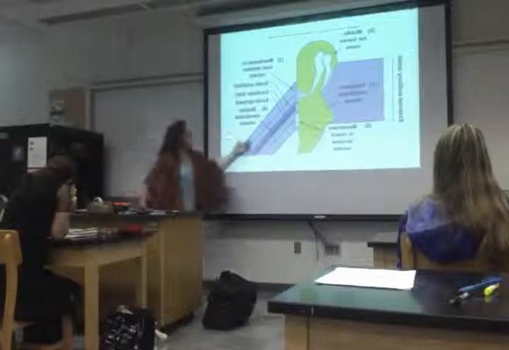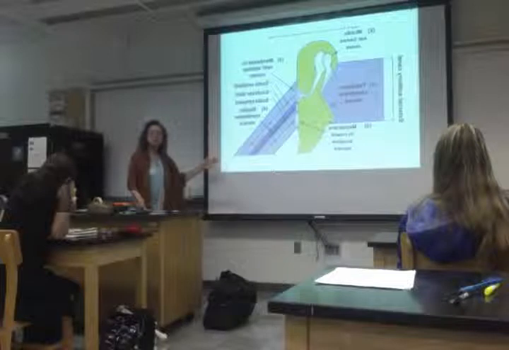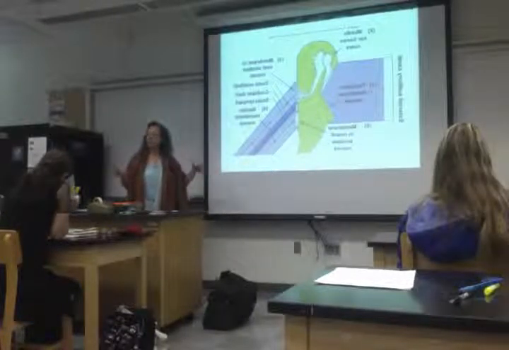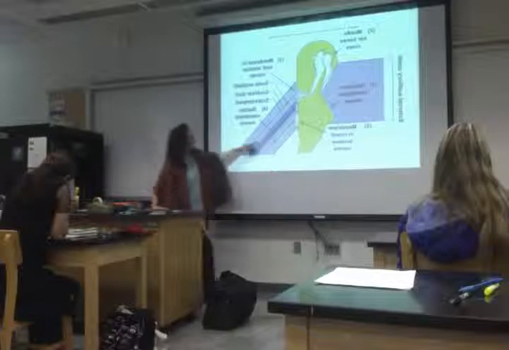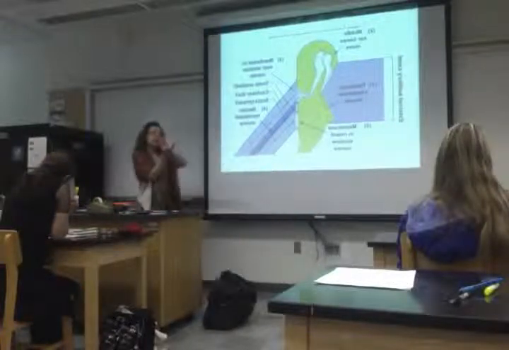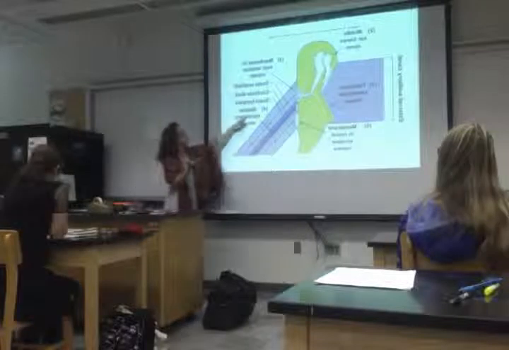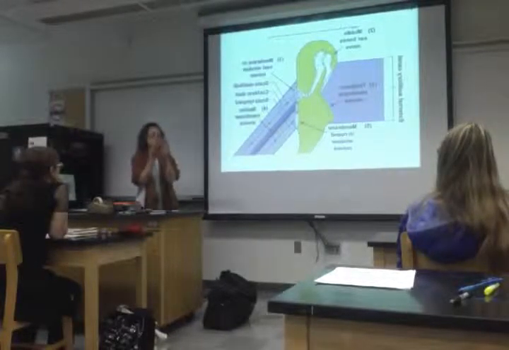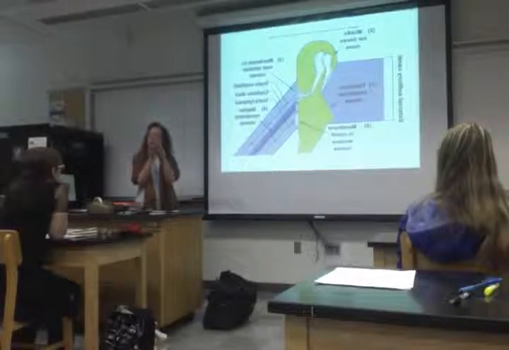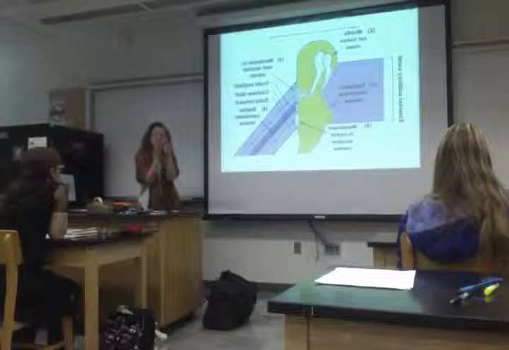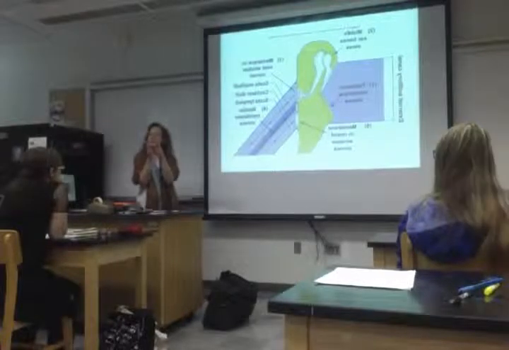When we create waves in these two scala with the perilymph, let's notice how, remember this was the cochlear duct, let's also remember this basilar membrane. That's like our membrane that is the enclosure for that cochlear duct, so it holds inside of it all that endolymph.